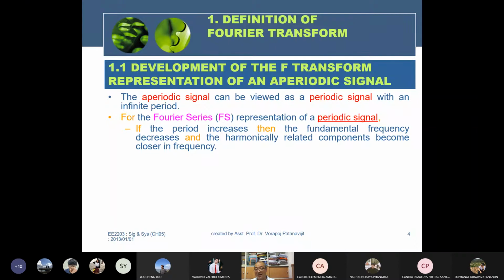You can determine omega naught or T naught.